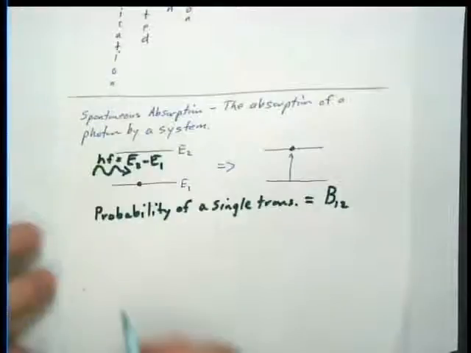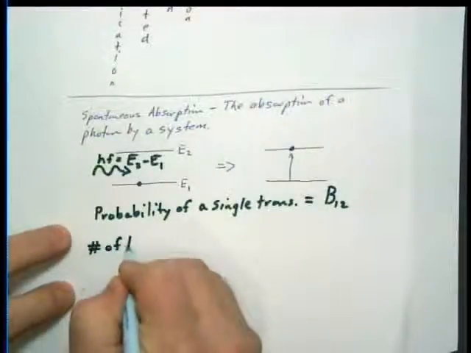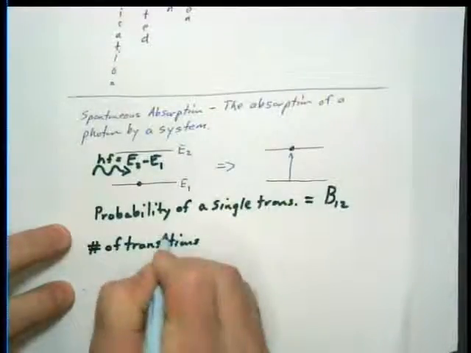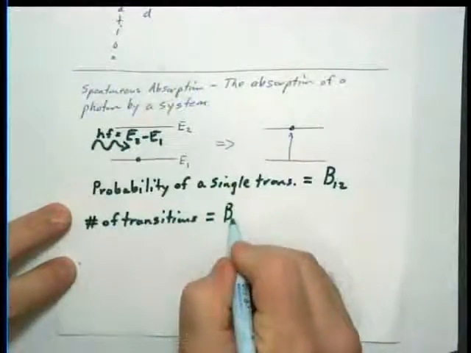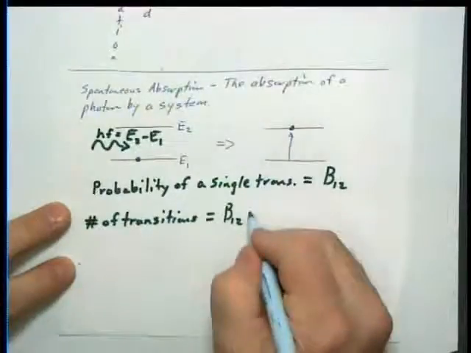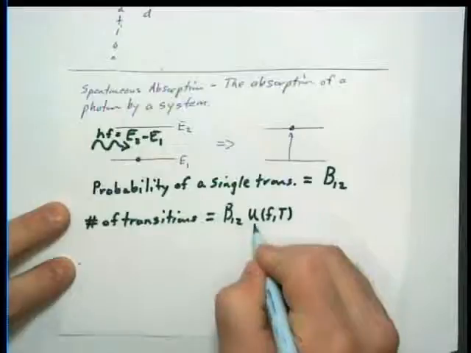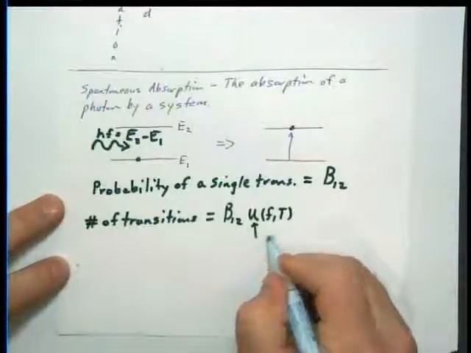If we start looking at the number of transitions, we need to realize this is going to depend on B12, the batting average, but it's also going to depend on the number of photons. This is our energy density, the field density.